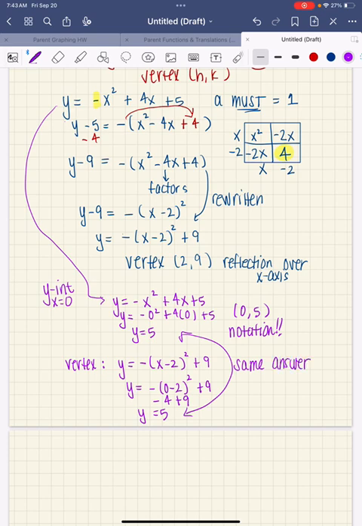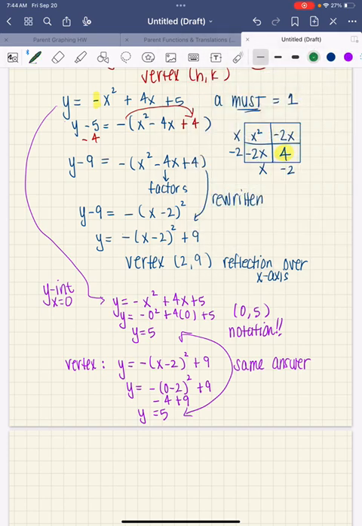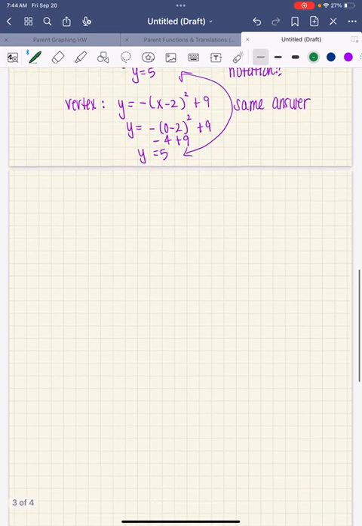Okay. Finding the x-intercepts, you have options as well. So I want to be very clear that you must know how to do the x-intercepts using both forms. Again, you need to be able to find the x-intercepts from standard form as well as vertex form.